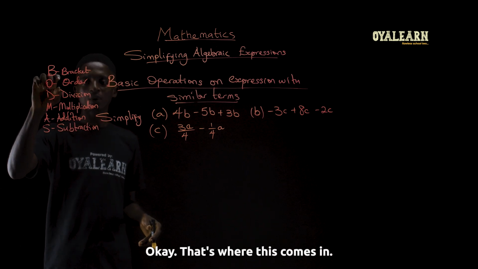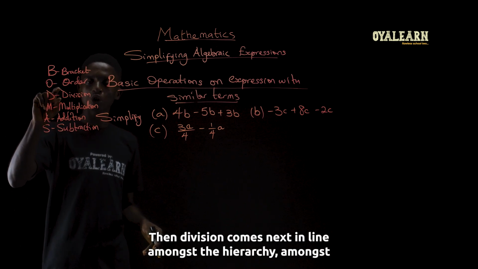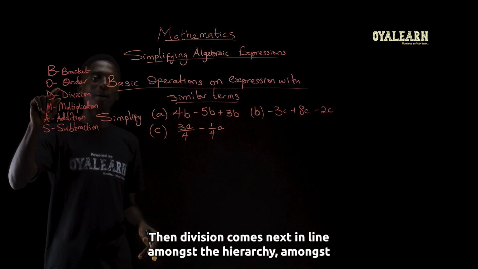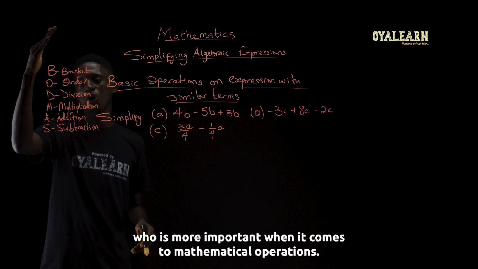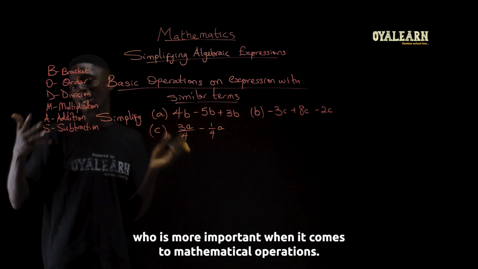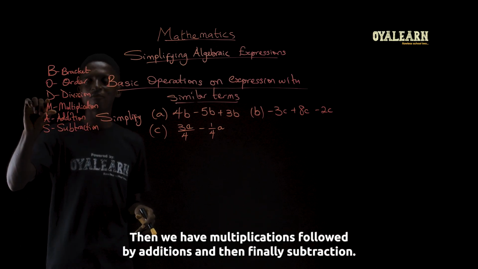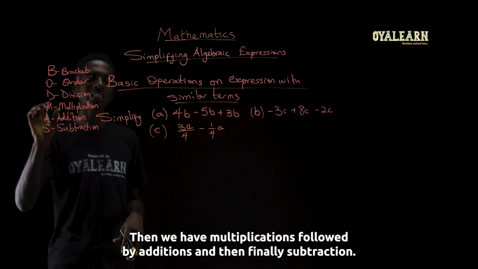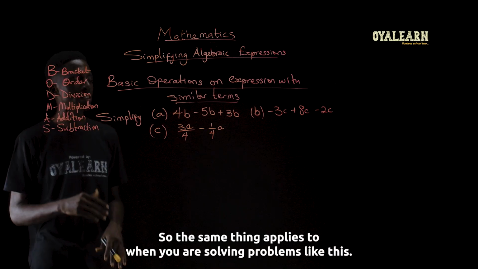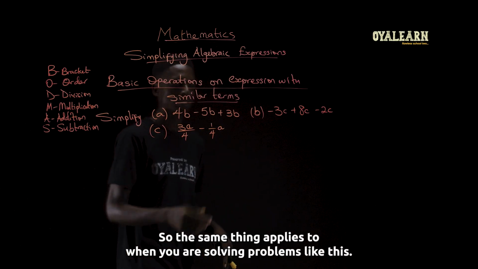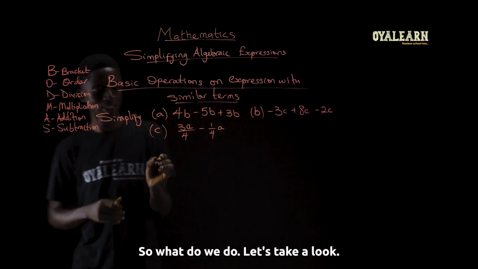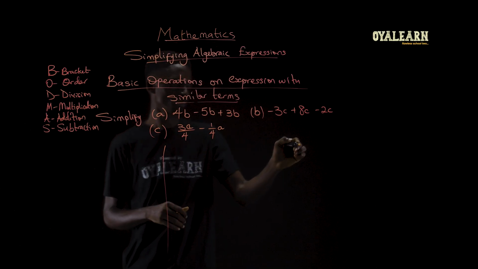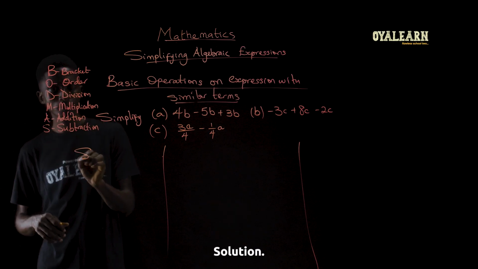Then division comes next in line amongst the hierarchy, amongst who is more important when it comes to mathematical operations. Then we have multiplication, followed by addition, and then finally subtraction. The same thing applies to when you are solving problems like this. So let's take a look. Solution.